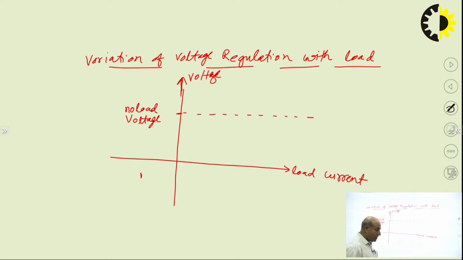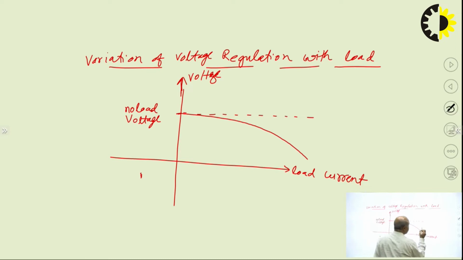Now suppose we are considering a lagging power factor load. When we go on increasing the load, the load current will increase, and the variation of the secondary terminal voltage will be like this.